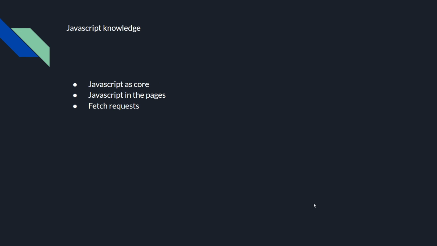Okay, so what do you need to know about JavaScript? You need the basics of JavaScript. You need to know how pages are using JavaScript. And you need to know a tiny bit about fetch requests, because a lot of pages use them. Always good to have some knowledge.